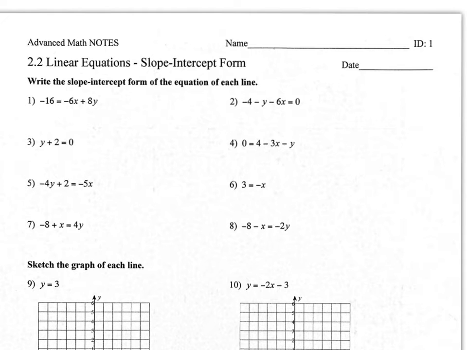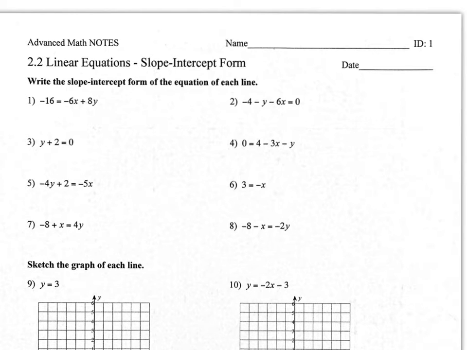So one of the ways that we're learning is this slope-intercept form. I know you've done this before, so it should just be a review for you. But if you have an equation, if you want to rearrange it and put it in slope-intercept form, then it helps you to be able to graph it very quickly.